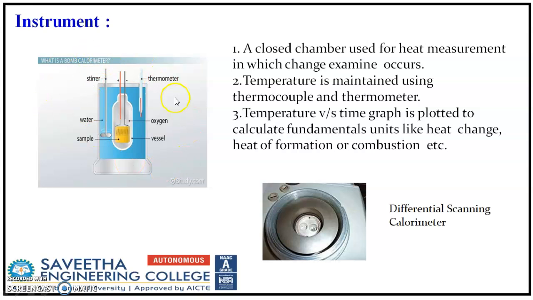This is the instrument, a cross section of the instrument. It consists of two vessels, the outer vessel and the inner vessel. The space between these two vessels acts as a heat insulator, and hence very little heat exchange takes place between the outer vessel and the inner vessel.